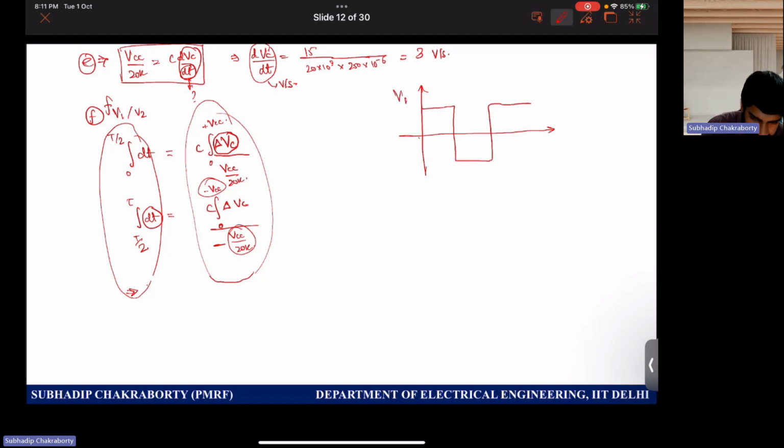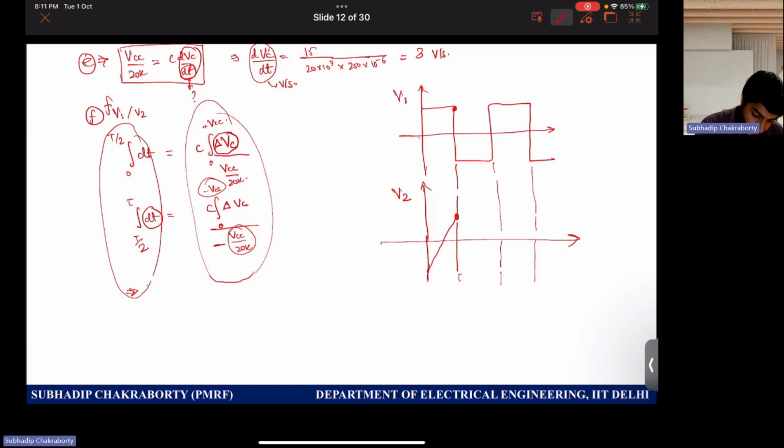So this is V1 and this is V2. Like this, which is from plus 10 to minus 10.